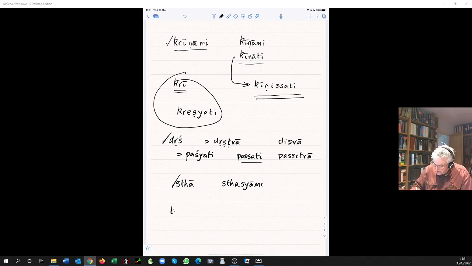We know titthati from the Sanskrit tishthati. The Pali makes its future thassati, not from the present stem, but directly from the root. So Sanskrit sthasyati, Pali thassati, with retroflexion of the t, which is pretty much regular.